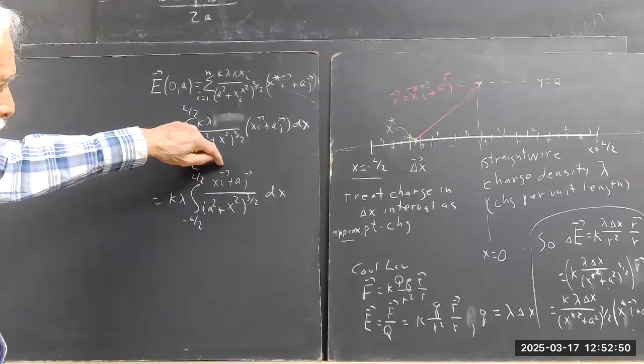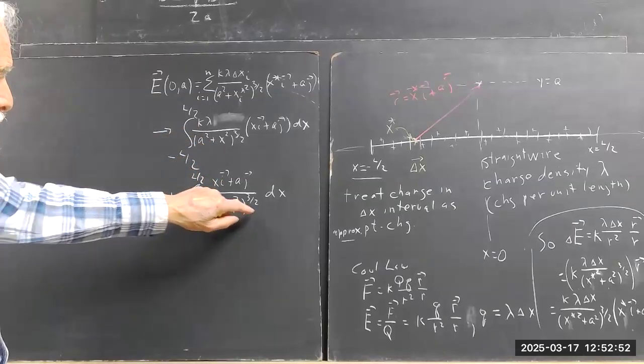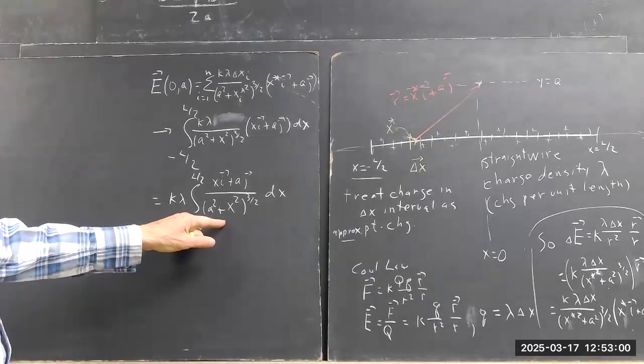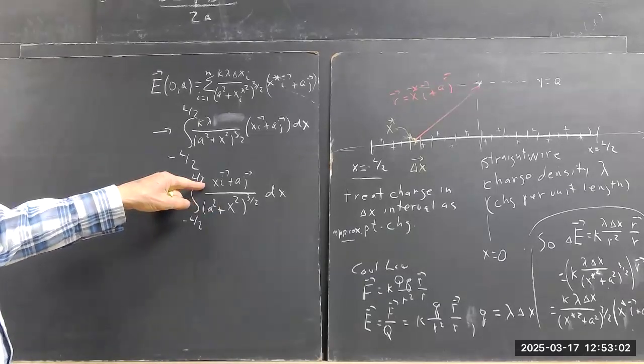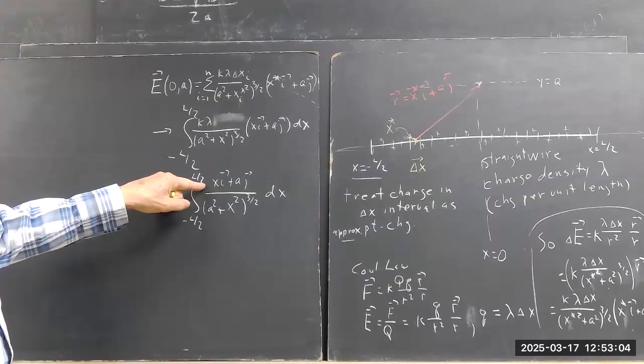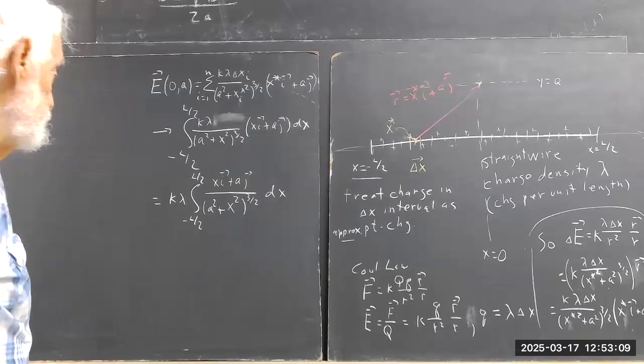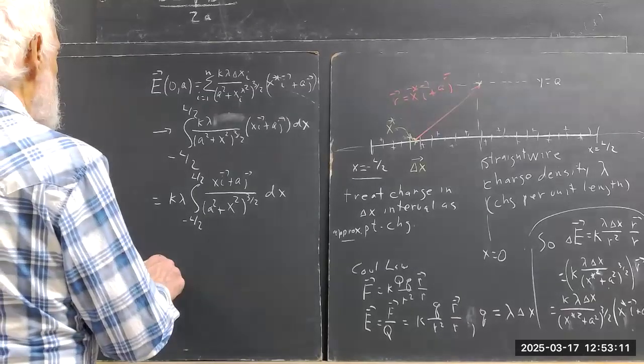The integral of x i over a squared plus x squared to the 3/2 is a simple substitution. Just let u equal x squared, then du is 2x dx. In other words, just use your calculus. I'll give you that one.